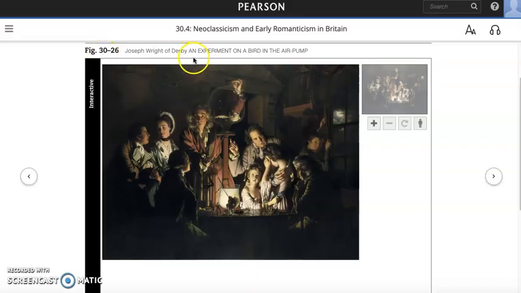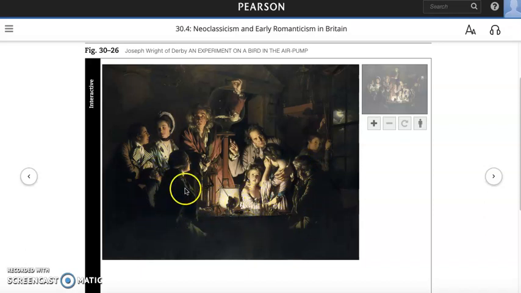So this is also a painting of a scientific demonstration, of an experiment on a bird placed in the air pump, this interesting tool of science that was important to the developing technological knowledge of the time. And like Rembrandt's painting, we have spectators, although here it is not a group of spectators who are fellow scientists, but a group of spectators, a mixture of women, girls, and men and boys.